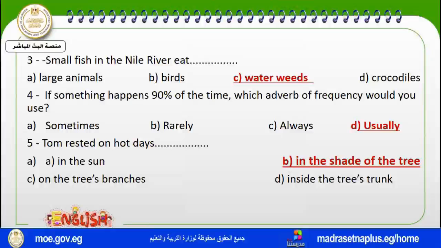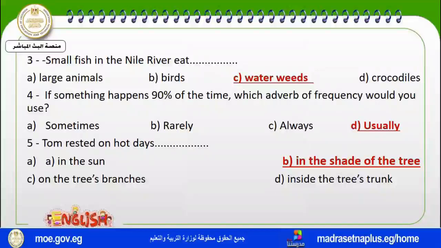Another example: I am usually on time. Maybe one time I may be late. So we can say I am usually on time, with the verb to be before usually, but I usually go to school on foot. Remember, the verb to be comes before the adverb, while the main verb comes after the adverb.